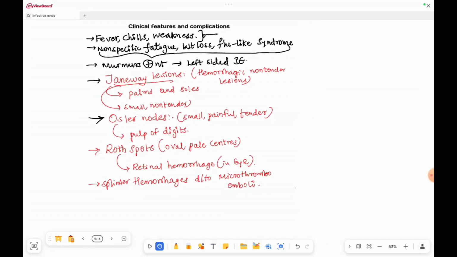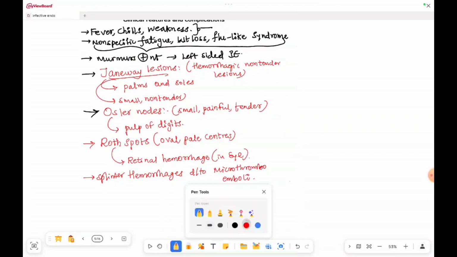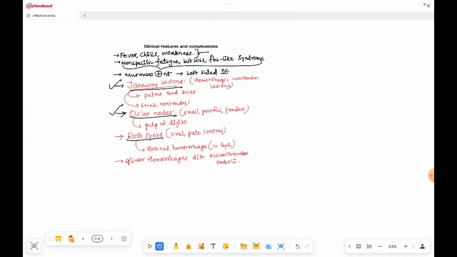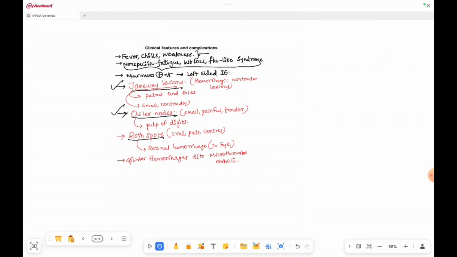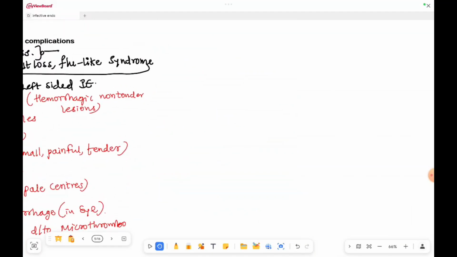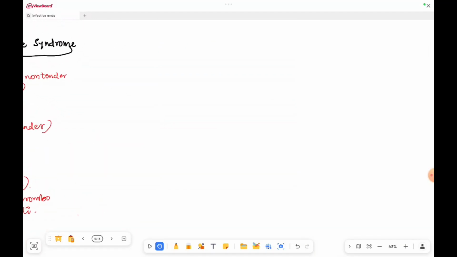Janeway lesions, Osler nodes, and Roth spots. So these are clinical features of infective endocarditis. Now we will see about complications. Complications are cardiac and extracardiac.